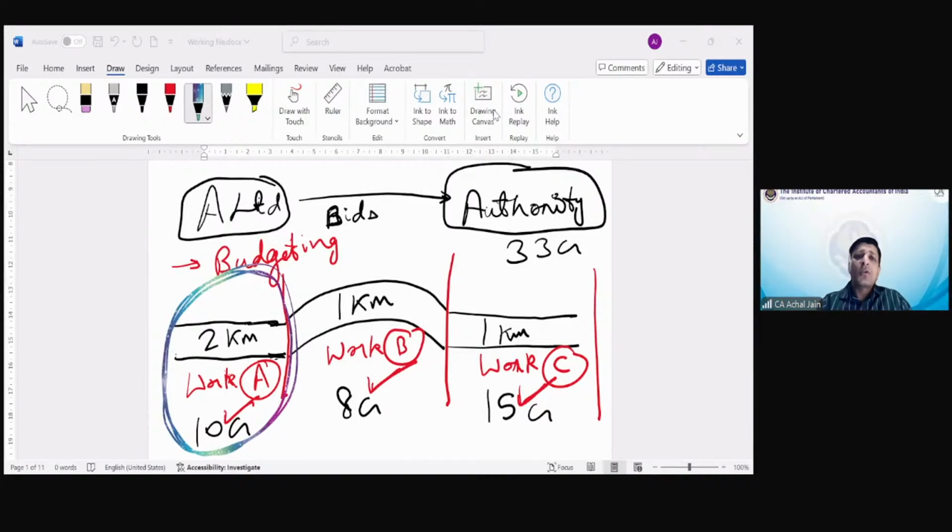Correct. Now let's suppose even though A Limited has received money for contracting, let's suppose full money is received by A Limited for contracting. And after completing contract A, Limited decides not to work on contract B and C. Initially, all the 3 separate contracts were signed.